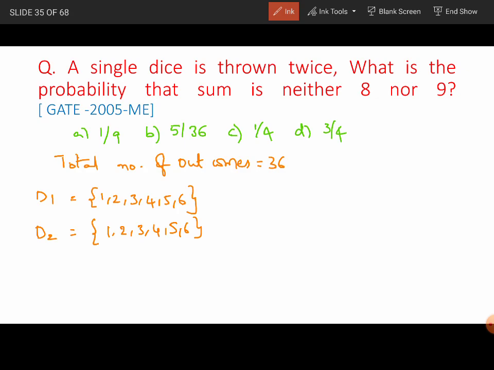Now the sum is neither 8 nor 9. So first we will calculate the favorable outcomes. First, sum 8. So what are the favorable outcomes? 4, 4, 2, 6, 6, 2, 3, 5, 5, 3.